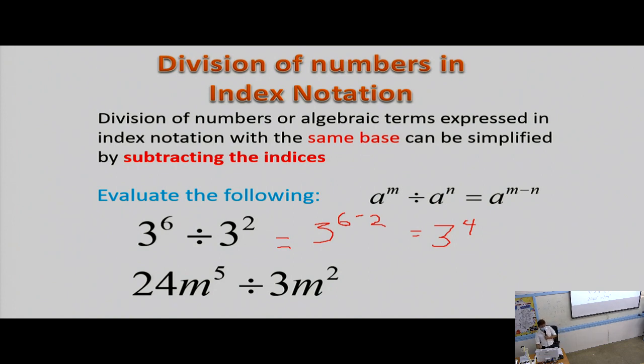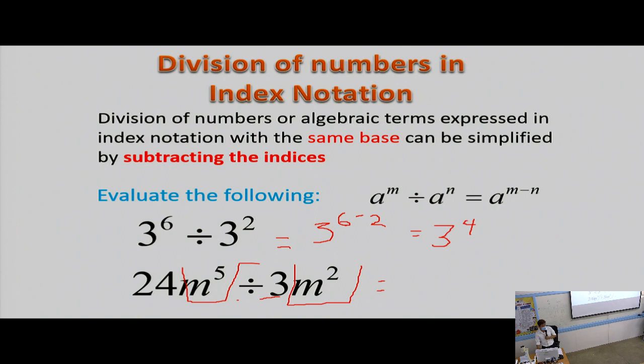Now, the next one, 24m to the power of 5 divided by 3m to the power of 2. Here we have m to the power of 5 and m to the power of 2. These are exponential numbers with the same base. So what are we going to do with 24 and 3? You just divide them. 24 divided by 3, what is the answer?